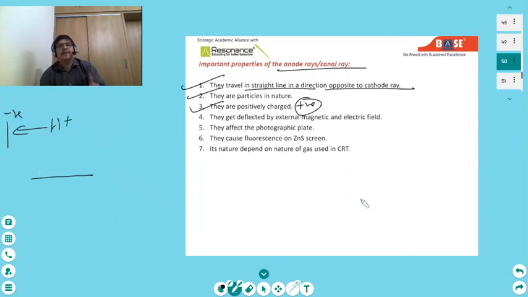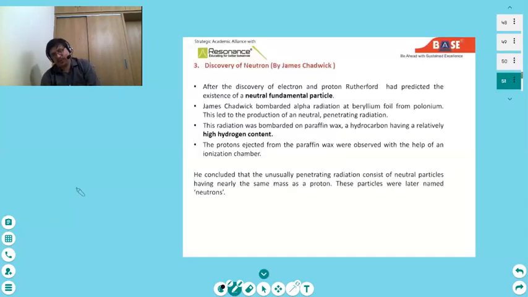Okay, good. Now, after electron was discovered, after proton was discovered, Dalton tells that atom is neutral, proved. Now came the concept to measure mass, atomic mass. When atomic mass and atomic number were compared, there was a difference.